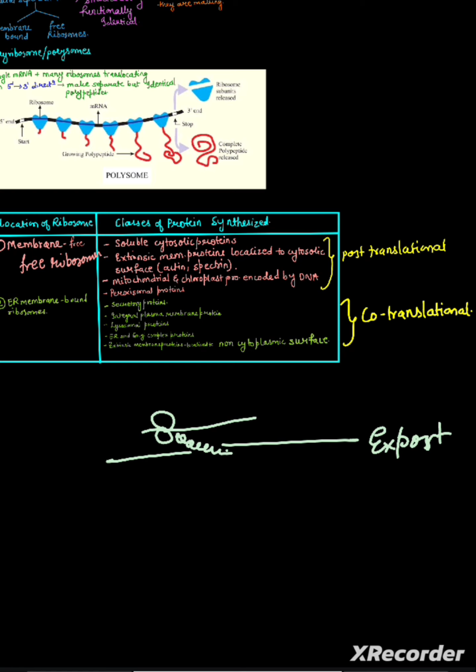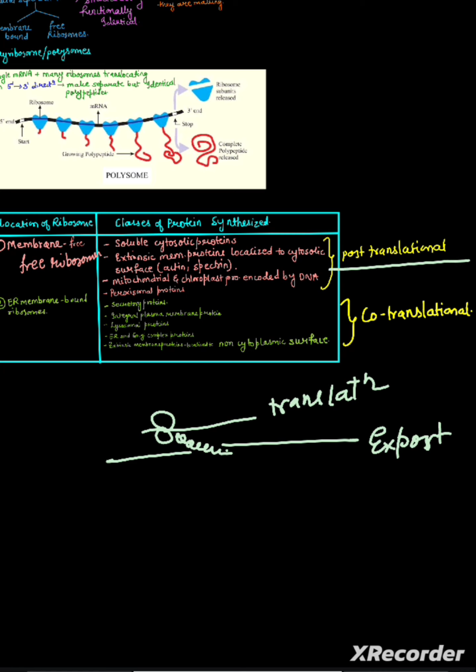But this is co-translation. Your translation is in process, still in process. At the same time, it has started translocating, it has started moving. It has started releasing, and the journey of that particular protein has already begun.